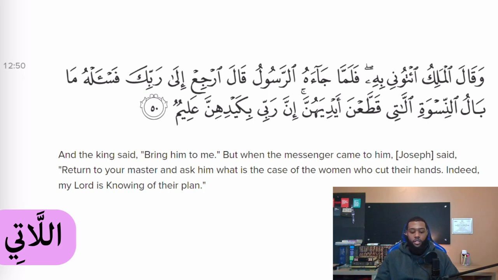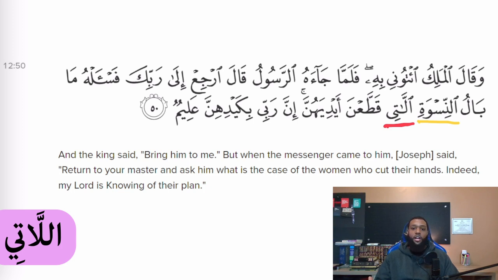meaning Yusuf, 'Return to your master, and ask him about the case, the matter of the women, the group of women.'" And following "the women" is allati. And "the women" is definite, it's in a state of jar, it's a feminine word, of course, and one of the easy ways to tell is that it has a ta marbuta at the end, right?